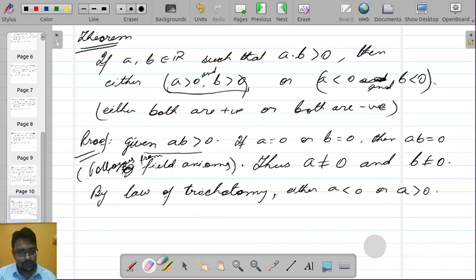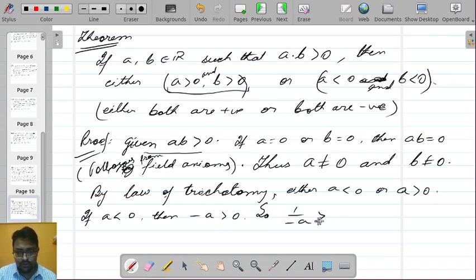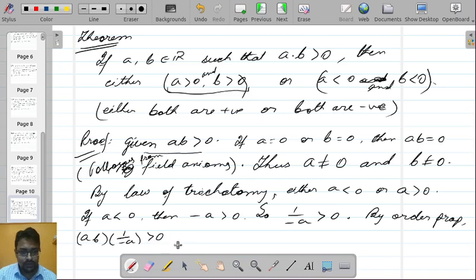So by law of trichotomy, either A is less than 0 or A is greater than 0. If A is less than 0, then we have minus A is greater than 0. So 1 by minus A is also greater than 0. And then by order property, we have AB into 1 by minus A is greater than 0.